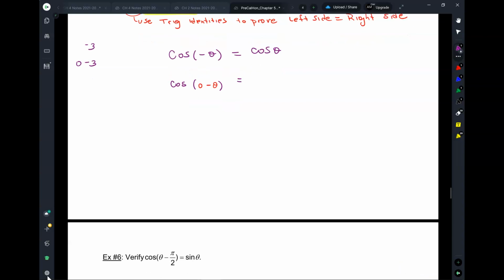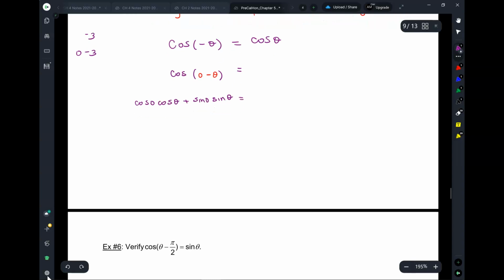All right, so look at what we have now. We have cosine of something minus something. That's a sum and difference identity. So that's cosine 0 cosine theta plus sine 0 sine theta equals. You see how it just goes right to that equal sign? Precision. All right. So now we're going to simplify.